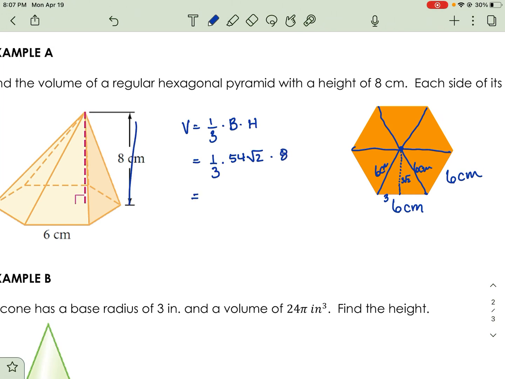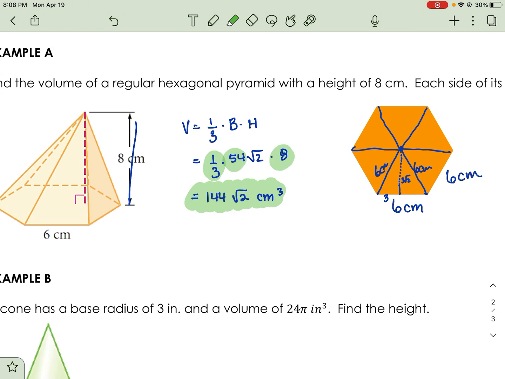So 1/3 of 54 is going to be 18. So 18 square roots of 3 times 8. And then 18 times 8 is going to be 144 square roots of 3. Again, the 144 comes from 1/3 times 54 times 8. And so we know that the volume of this pyramid is 144 times the square root of 3 cubic centimeters.